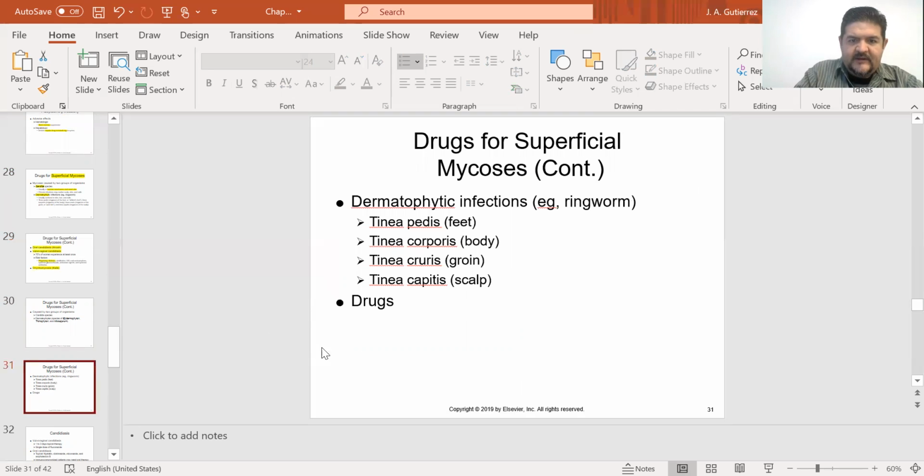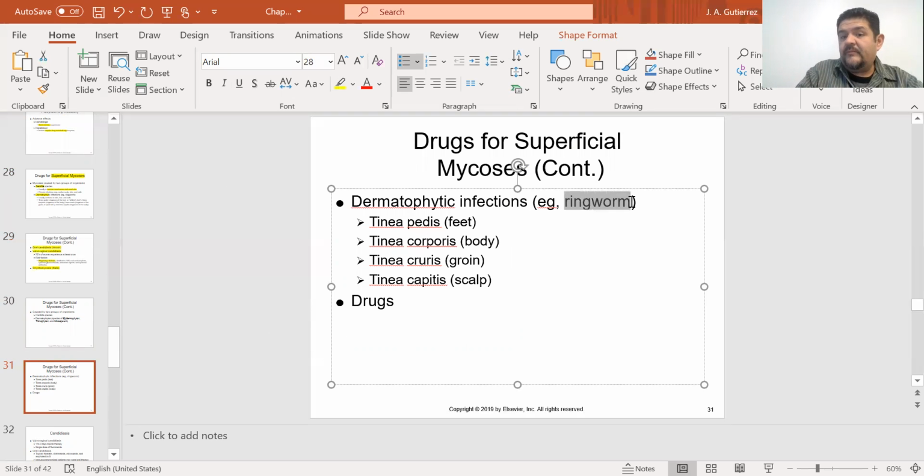So regarding dermatophytes, this is the ringworm that we see on some patients, especially under stressful periods of time. The infections are called tinea pedis for feet, tinea corporis for the body, tinea cruris for the groin, and tinea capitis if we're talking about the scalp.